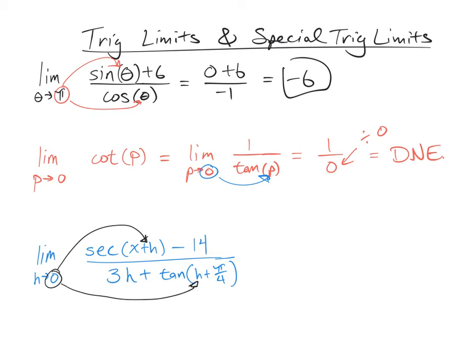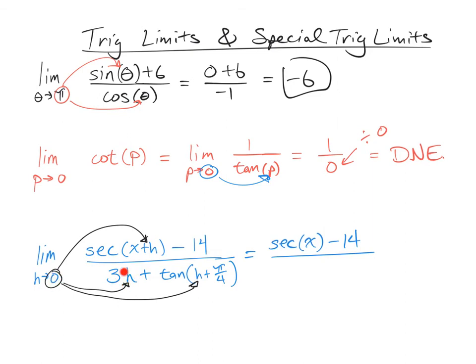So now there is an x in this expression, and we don't do anything to that. h is what gets substituted with 0. So the answer here will end up being the secant of x plus 0, which is just the secant of x minus 14 all over.